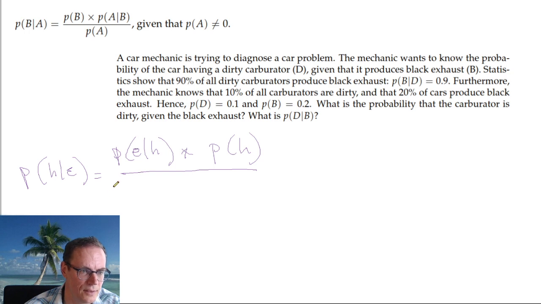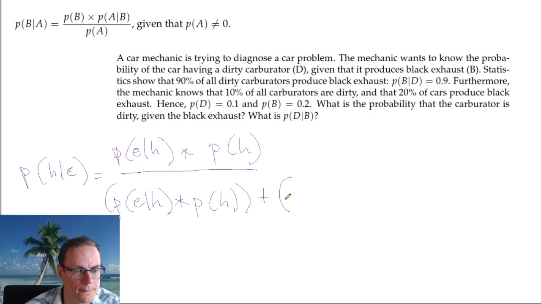And in fact, you have to do the probability of the evidence given the hypothesis times the probability of the hypothesis plus the probability of the evidence given the negation of the hypothesis times the probability of the negation of the hypothesis.